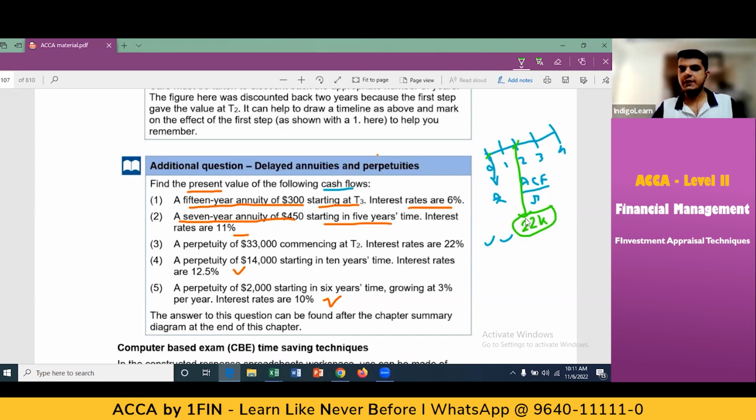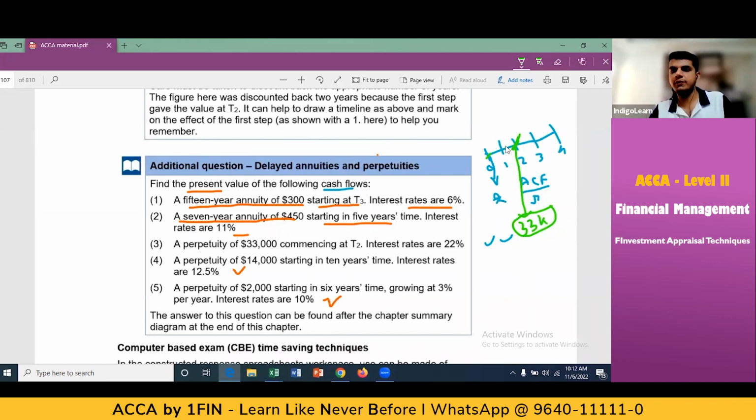So if I say, Niti, just calculate for me the present value of all the cash flows, you will do one thing: divide $33,000 by 22%. But what is the difference in the scenario? You will get the present value at the beginning of year 2, that is 1 year back. It starts from year 2, and every T2 you will be receiving.